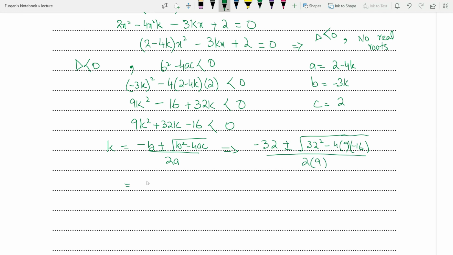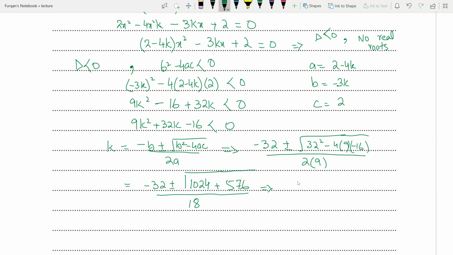This is equal to negative 32 plus or minus the square root of 1024 plus 576, over 18.